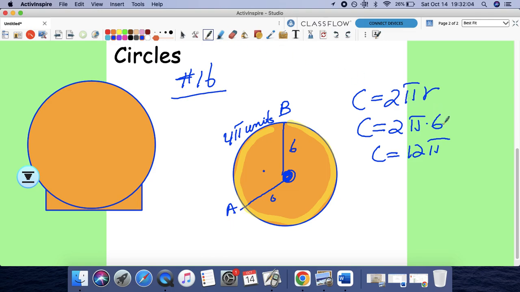Now, let's see what I can do here. If the full circumference of the circle is 12 pi, I need to notice that this section over here, the 4 pi, is 1/3 of 12 pi.